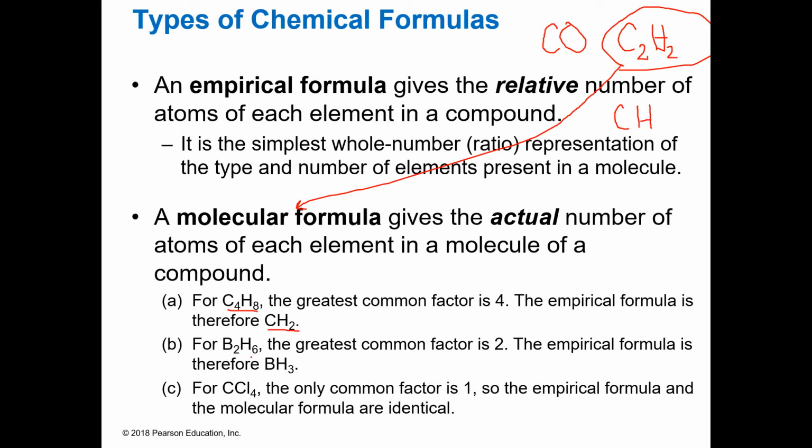Here we have B2H6, not the simplest ratio, but that's the molecular formula. Its empirical formula would be BH3. Now here for carbon tetrachloride, this is the molecular formula, but it's also the empirical formula because I cannot simplify this ratio anymore.